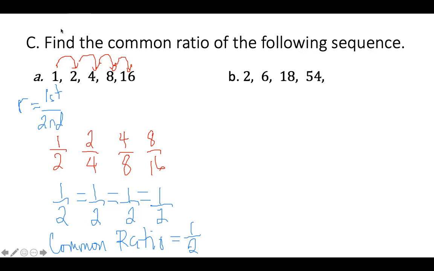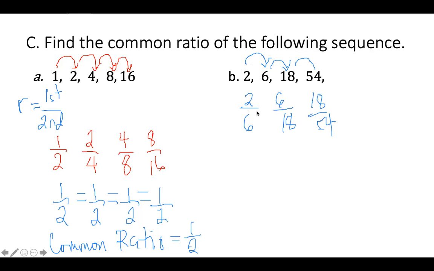So, ito ay magiging, let's say, unahin natin yung una. So, 2 over 6. And this one, 6 over 18. And this one is 18 over 54.